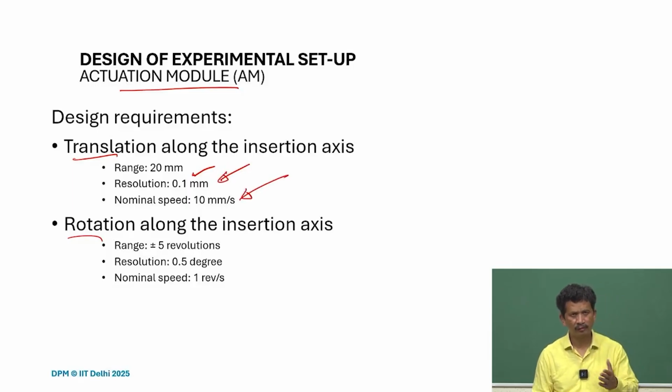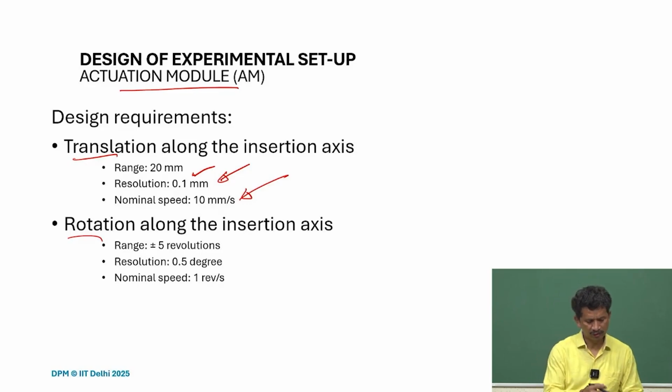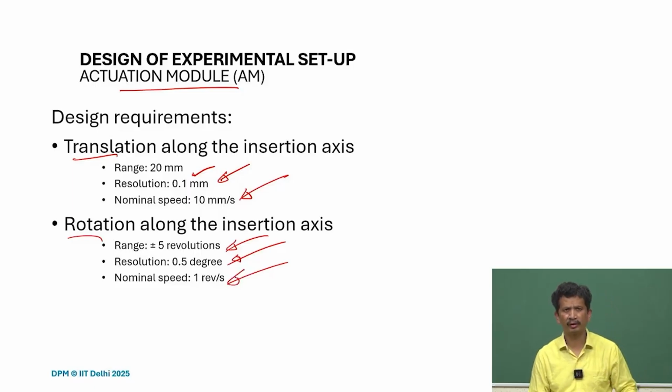For this kind of operation we don't want a high speed, but we want to go slowly, and we want to have resolution. For rotation also, a range of plus minus 5 might be good enough, and the resolution is not very high again, and then the nominal speed. So here it is not very stringent.